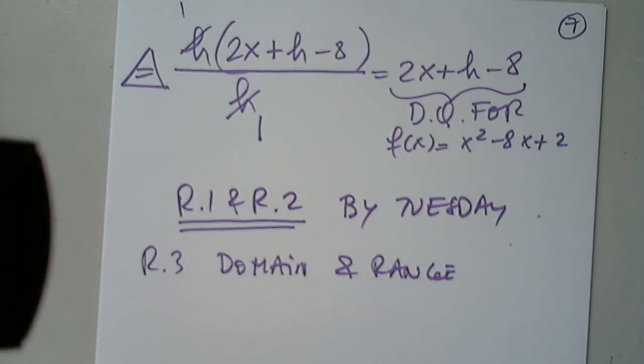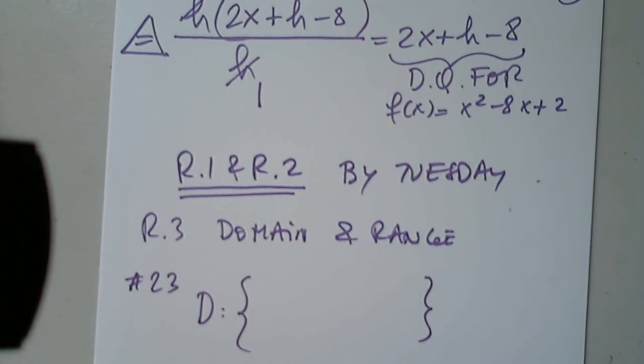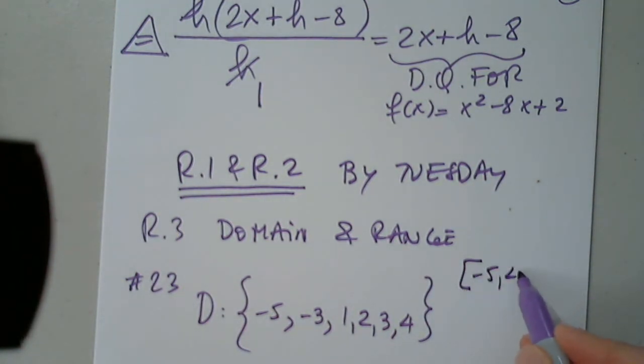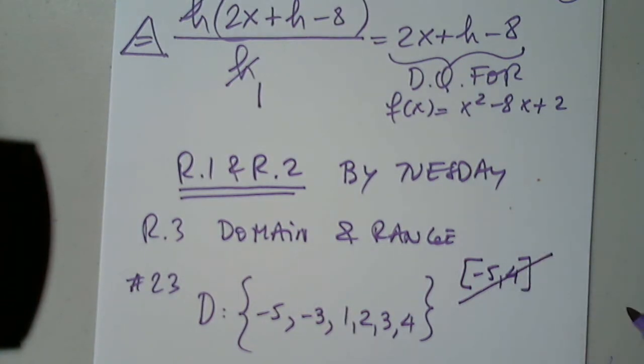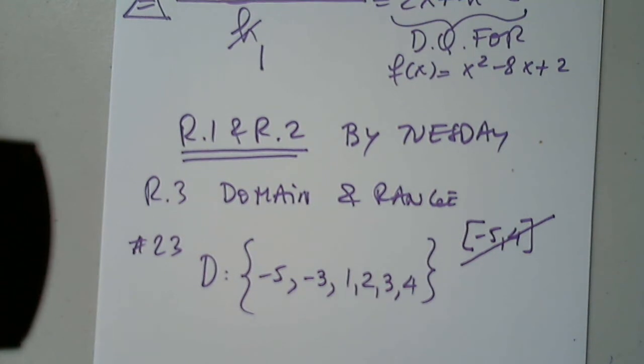No. I have to write the domain specifically with braces, not brackets, not parentheses, exactly the points I see: negative 5, comma, negative 3, comma, 1, 2, 3, and 4. So this is the domain of the function. If I make the error to write something like an interval, that will be incorrect because this function has specific points.